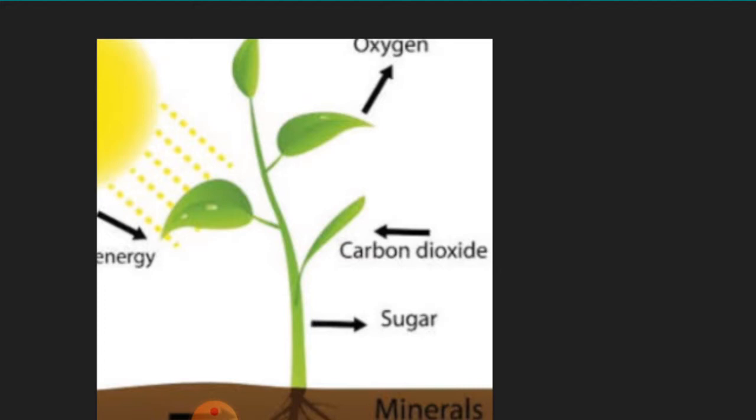They are known as kitchen laboratories because they prepare food with the help of carbon dioxide and water, and also release oxygen which is taken by the animals. So the most important function here is photosynthesis, that is, it prepares food for all living things. This is the first function of the leaves.